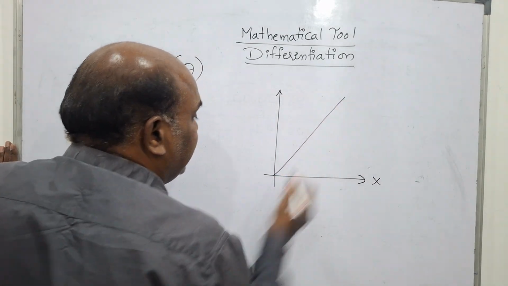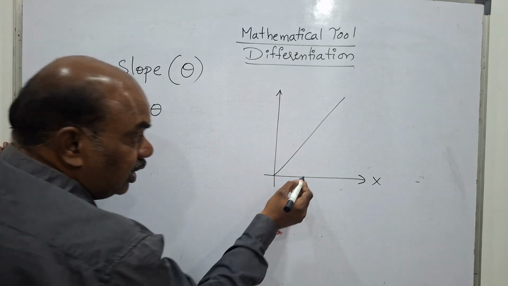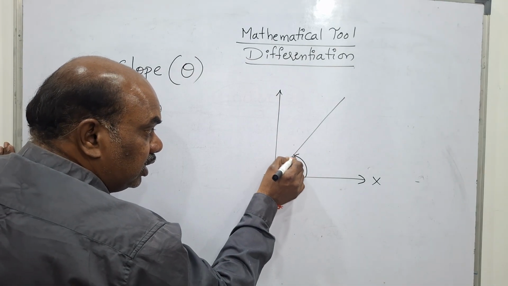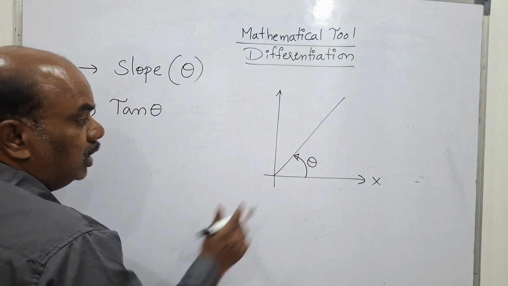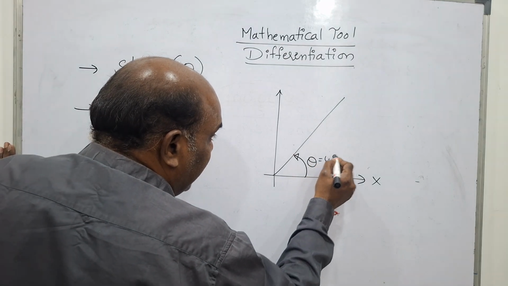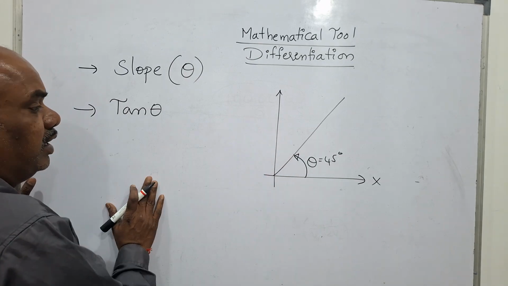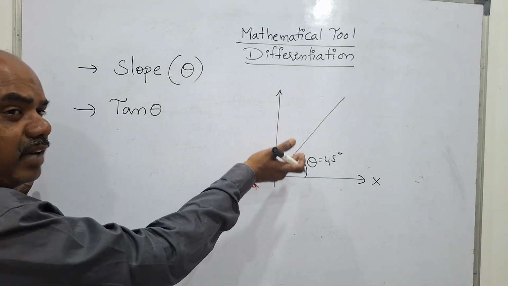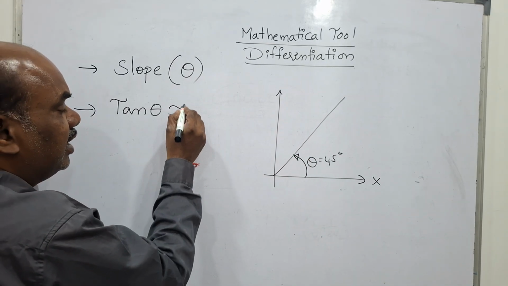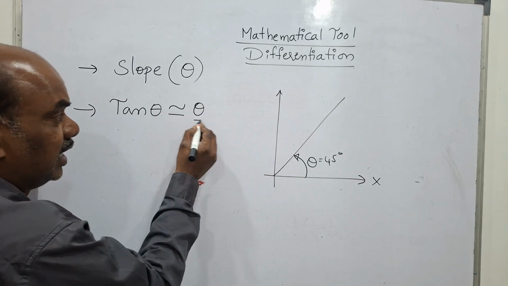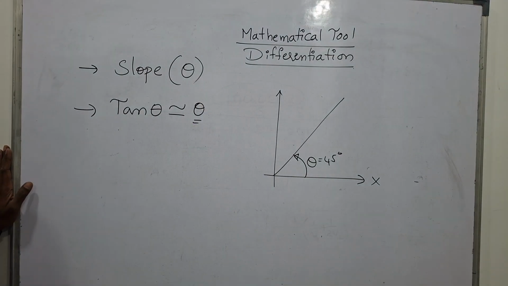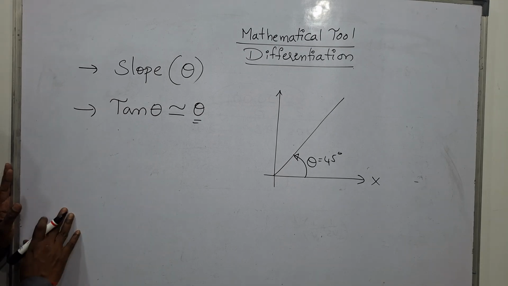If the graph is like this, theta is always calculated from the positive x-axis. This is theta. If theta is 45 degrees, then tan theta is 1. This slope value is 1 if it is 45. If it is 1 degree, 2 degrees, 5 degrees, 10 degrees, tan theta is almost equal to theta. This theta is called slope. Slope means simply you calculate theta.